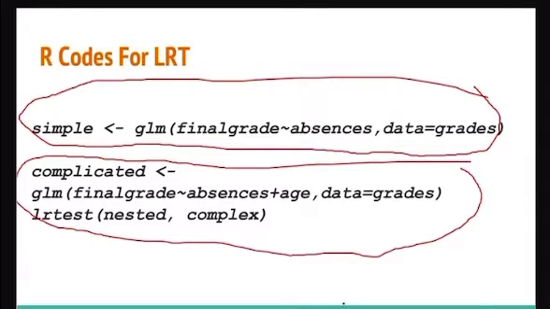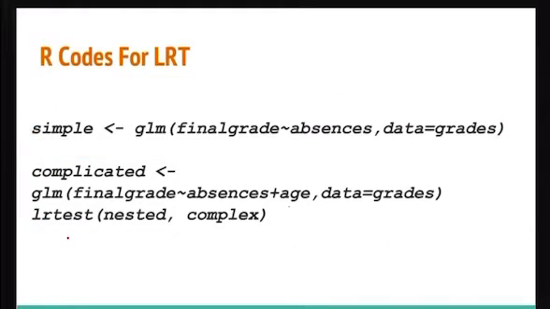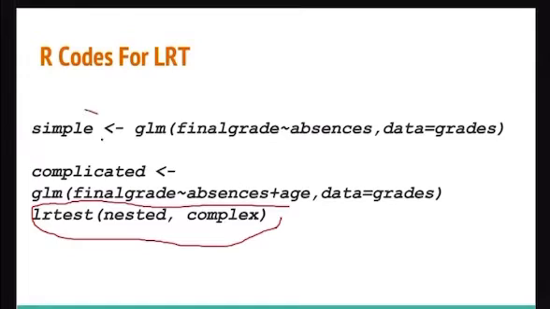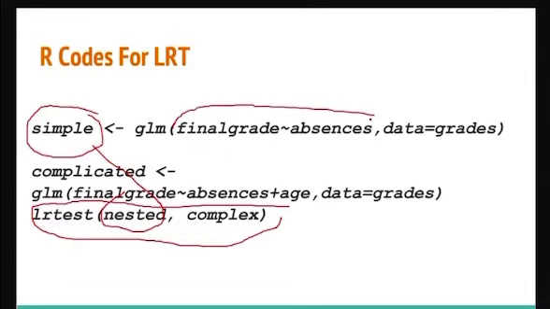Okay, now take a look at this. You see what I wrote here? LR test instead of the ANOVA test that we use in linear regression. LR test nested, so complex. This guy here, simple, is nested. What do I mean by nested? Let me tell you this.